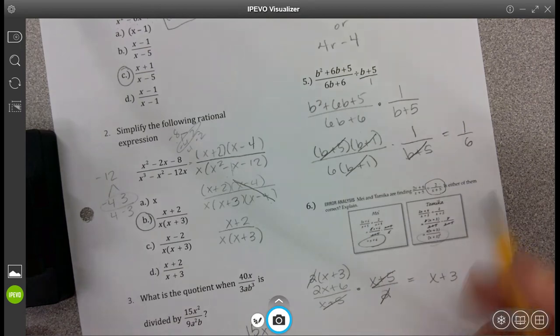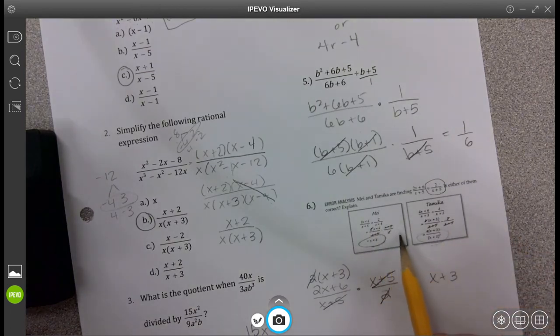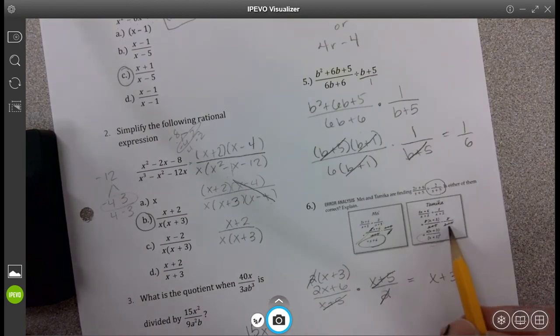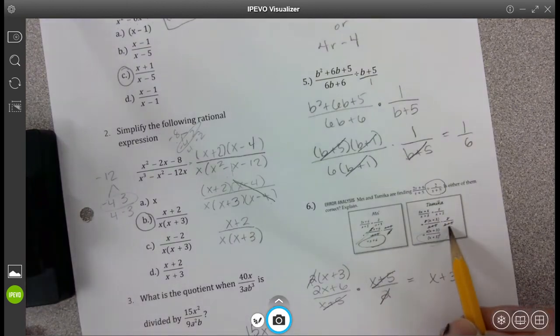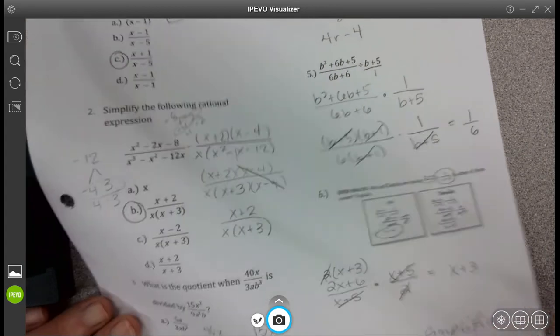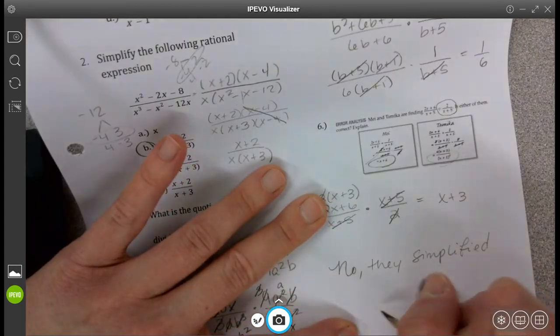No. If you look, they did flip, but they reduced incorrectly. They just cut out that 2. You can't do that. You have to factor it out. You can't just cut it out. And here, they didn't multiply correctly. So you could just say no, they simplified incorrectly.